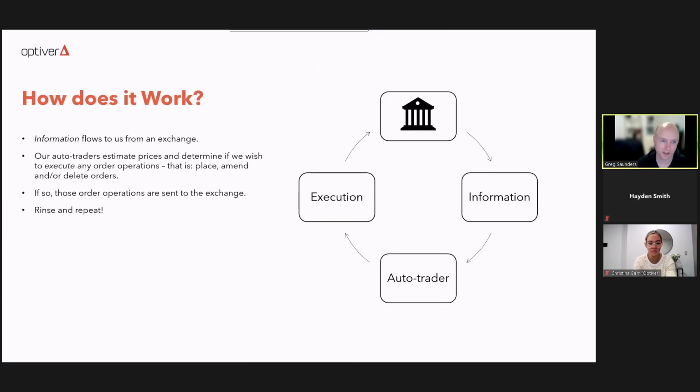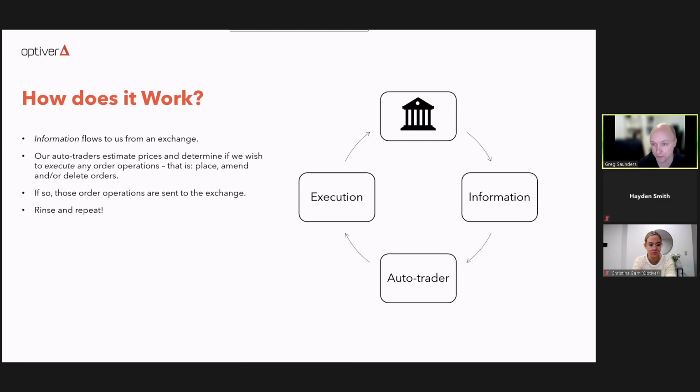So how does it work? In a nutshell, information about what's happening, what traders are doing, flows to us from the exchange, like the ASX, although we don't currently trade on the Australian market, but ASX is an example of an exchange which you might have heard of. And then our auto traders use that information to estimate those prices and determine if we wish to execute any order operations.